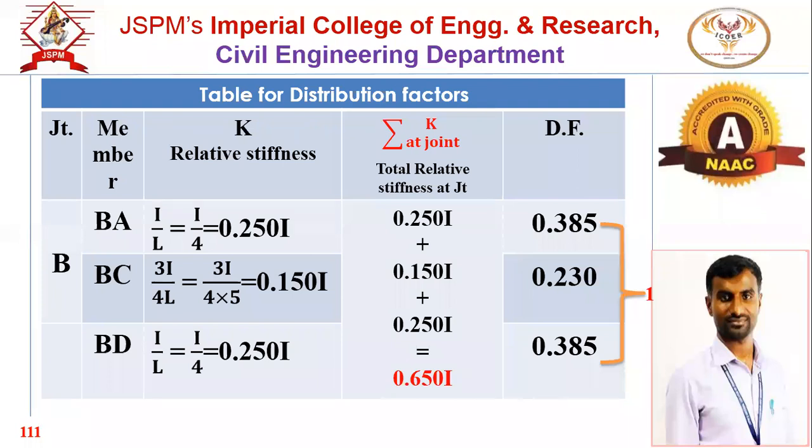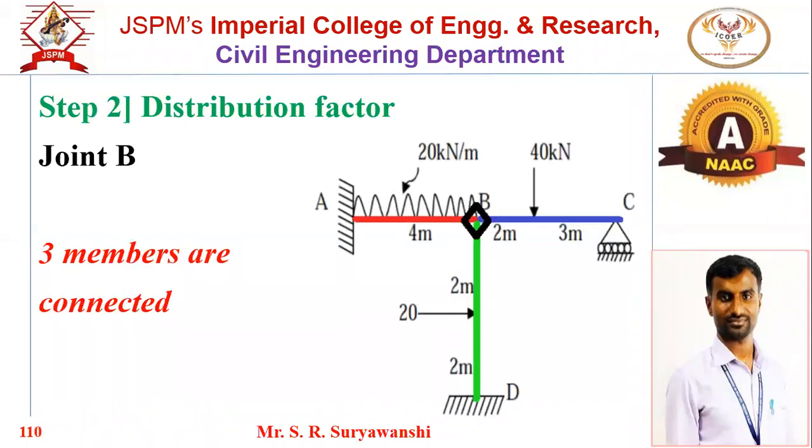Next, and the most important step, is the moment distribution table. But before that, if you observe this particular beam, tell me, what about the carryover factor? This is the frame we are having. So where are we having the carryover factor? No doubt there are 4 joints A, B, C, D, and at joint B there are 3 members. Now tell me about the carryover factors.